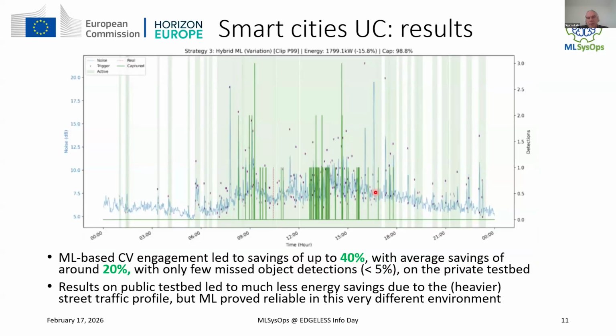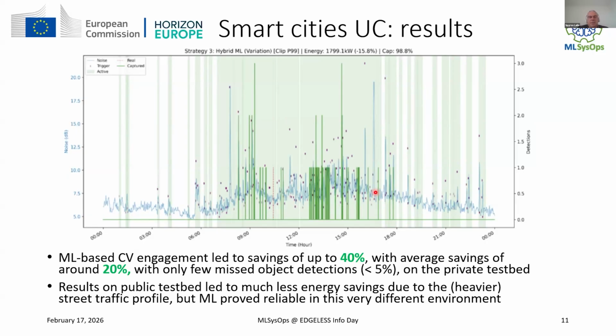So indeed, through ML, we managed to save up to 40% with an average of 20% of energy on the smart lamppost node, thanks to completely shutting down image processing without missing out too many object detections compared to ground truth. And of course, this is highly location sensitive and dependent.